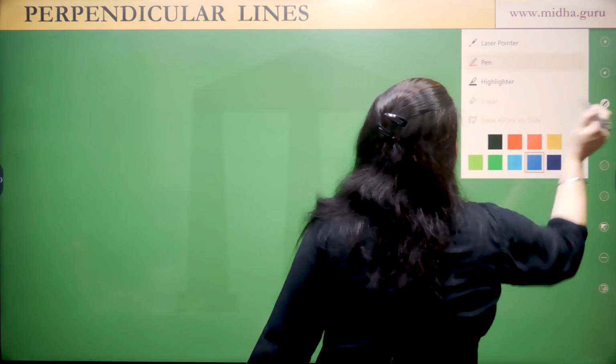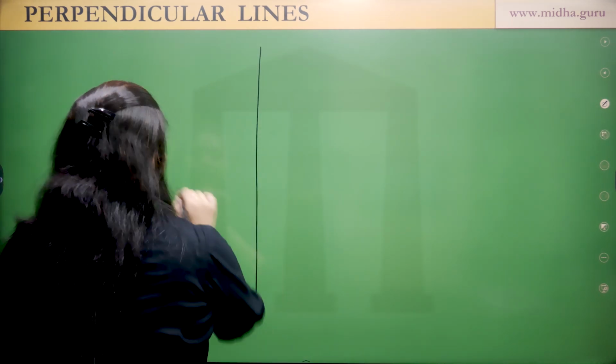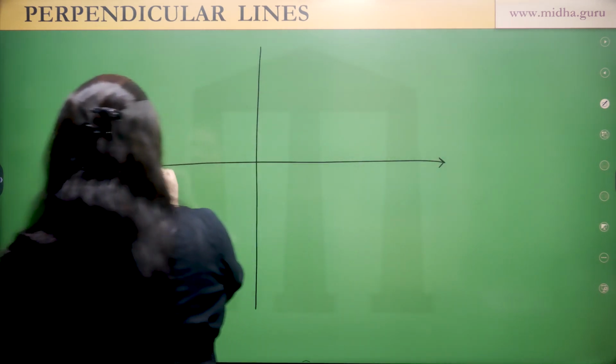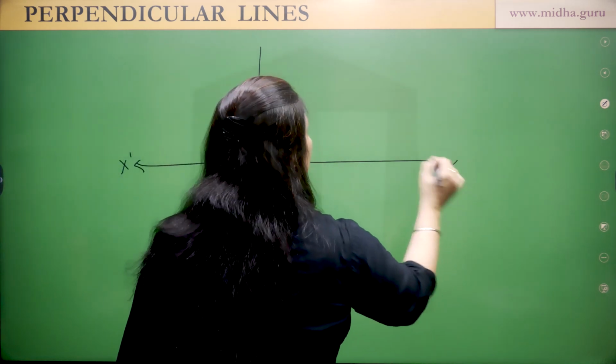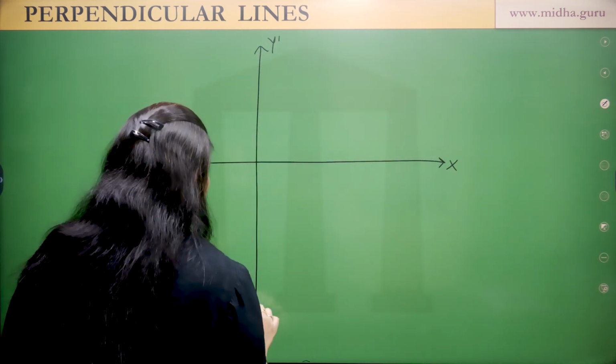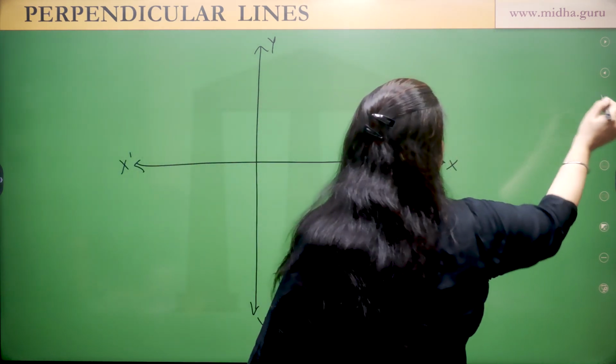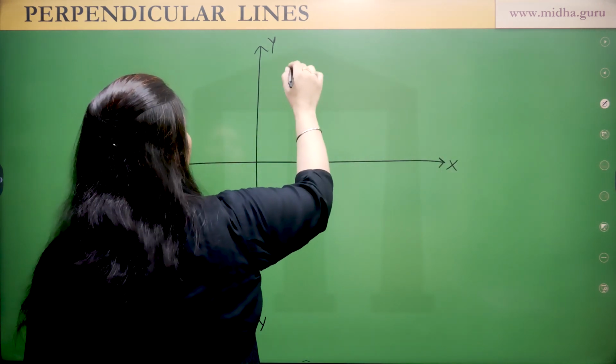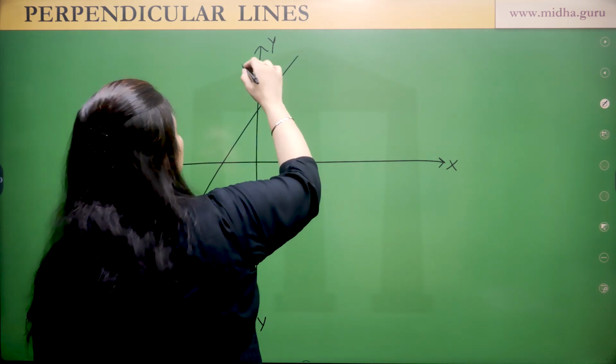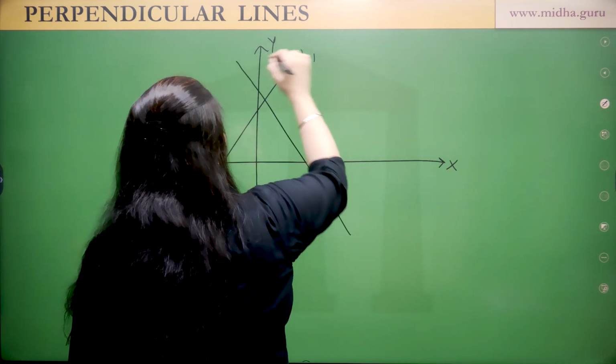So now we'll see the slope of two perpendicular lines. This is a Cartesian plane again. This is Y, positive. Now, if we have two perpendicular lines, this is one line, this is another line, L1, L2.